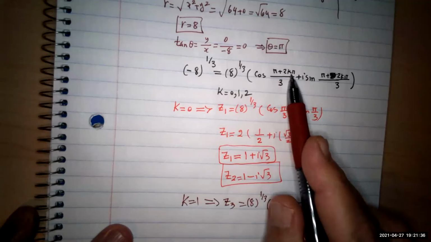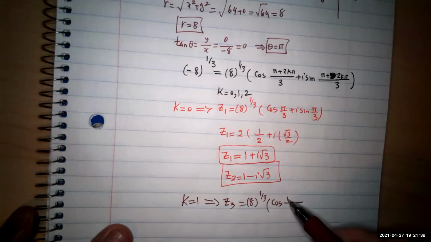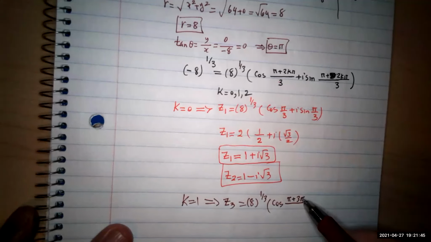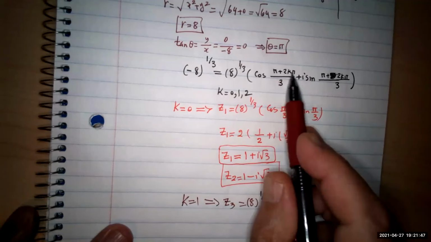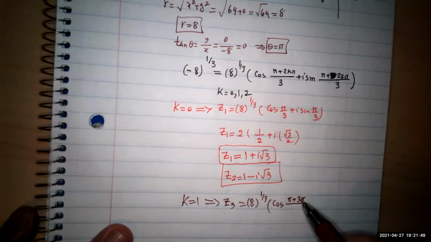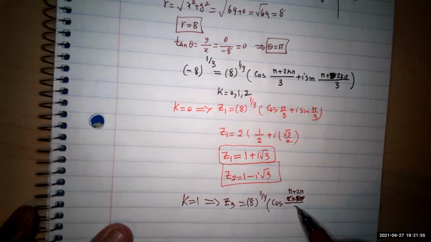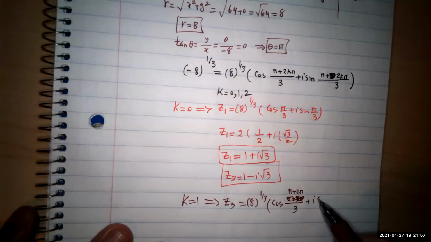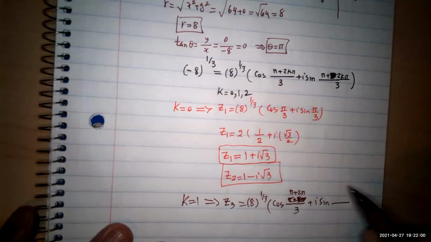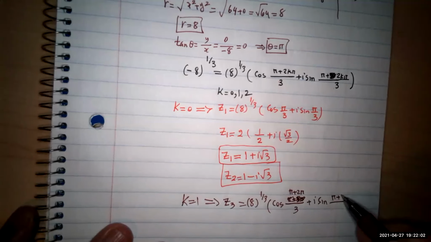The top is pi, K equal to 1, so pi plus 2 pi, divided by 3, plus i sine of pi plus 2 pi divided by 3.